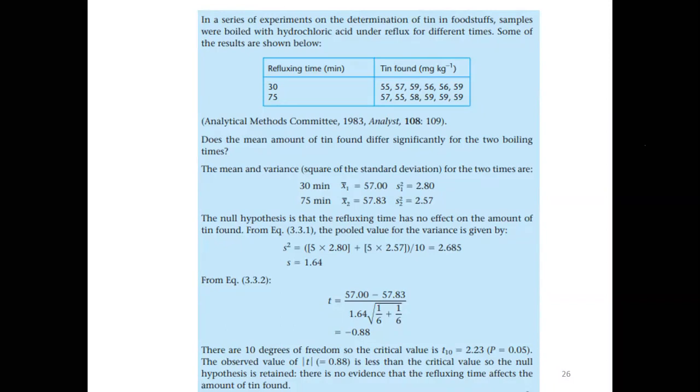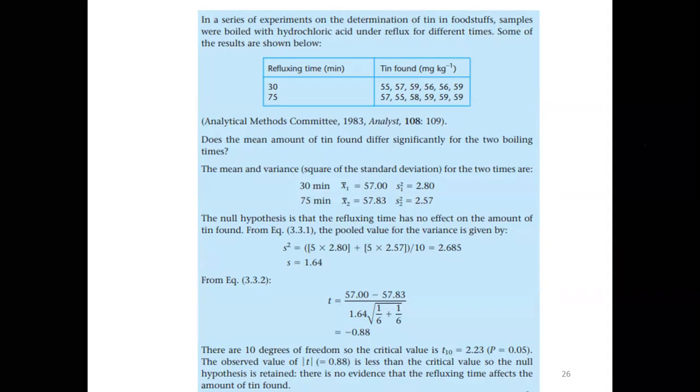If the calculated value is less than the value in the table, we retain the null hypothesis. That means the null hypothesis is correct. If the calculated value exceeds the critical value that we got from the table, then we reject the null hypothesis.